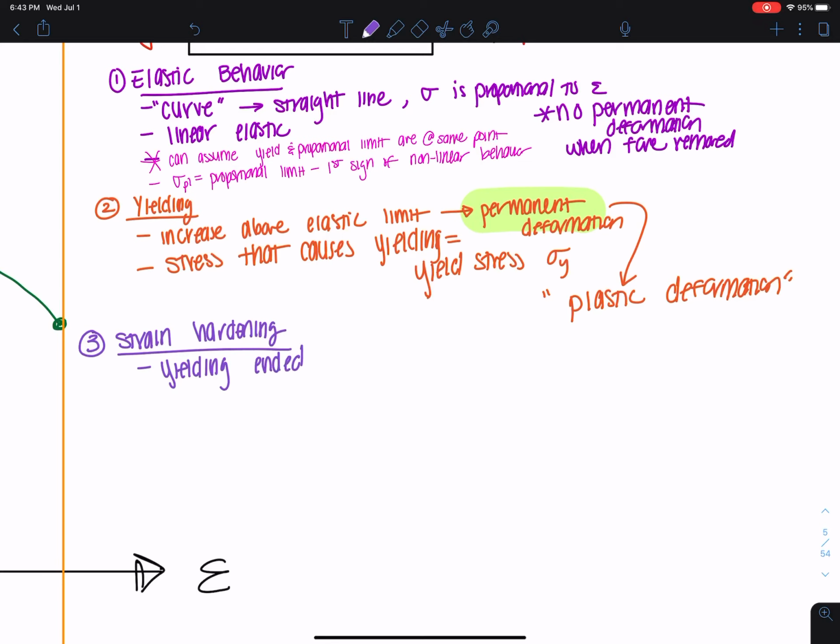We're no longer able to increase our elongation without causing any stress. And now the stress is going to significantly increase. Okay, so it's going to increase, so we can basically increase load, which results in increased stress, okay, until a maximum stress is reached, okay? And this rise in the curve is called strain hardening.